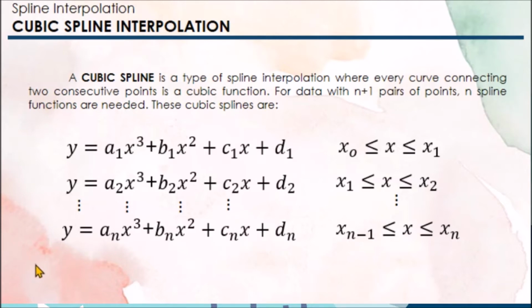And then we also have y is equal to a sub n x cubed plus b sub n x squared plus c sub n x plus d sub n, wherein our x for this equation must be greater than x sub n minus 1 and must be less than x sub n.